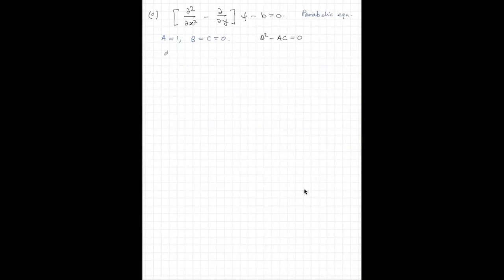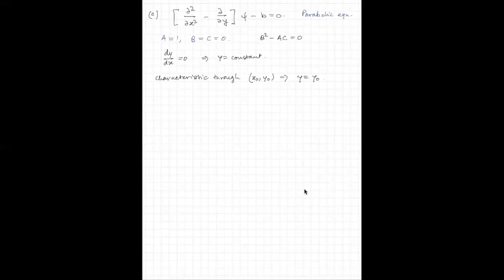So the solution is dy/dx is equal to 0, which means that y is equal to constant. So the characteristic through x naught, y naught is just y equal to y naught.